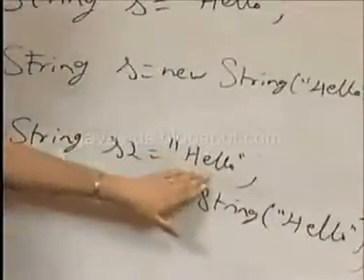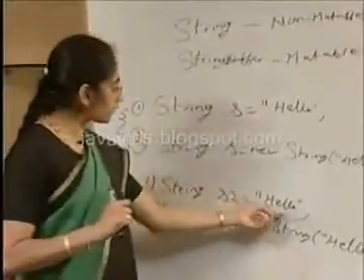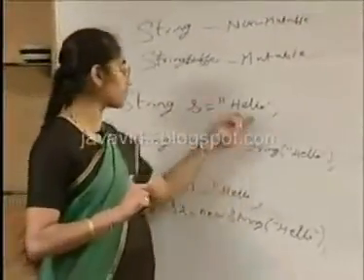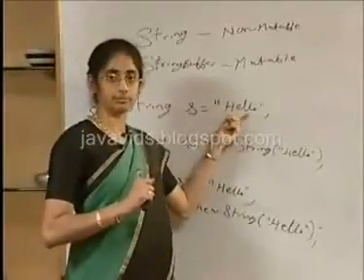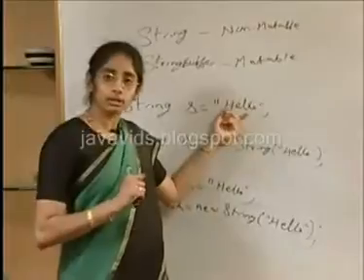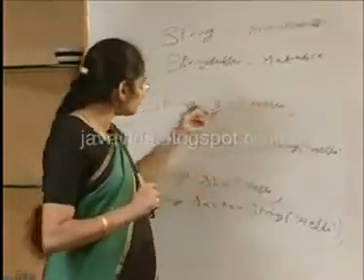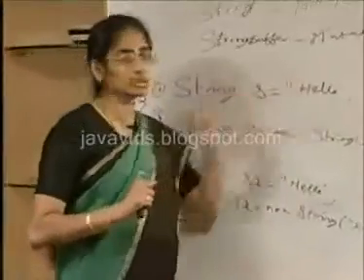Now when you create another String object using the first method, and if that string happens to be a string which you have already created, then it does not bother creating another memory space for that string. Rather, both s and s2 will end up pointing to the same memory location.